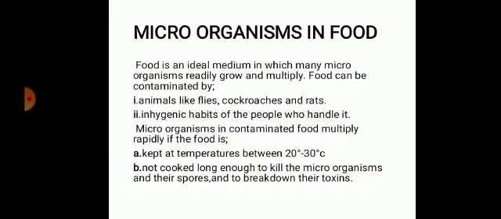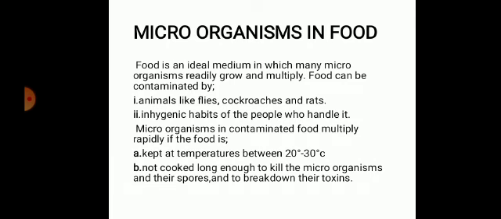The microorganisms in contaminated food multiply rapidly if the food is, one, kept at a temperature between 20 degrees and 30 degrees Celsius; or two, not cooked long enough to kill the microorganisms and their spores and to break down their toxins. So don't always eat half-done food.